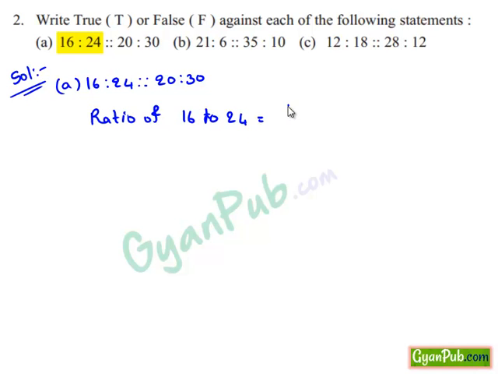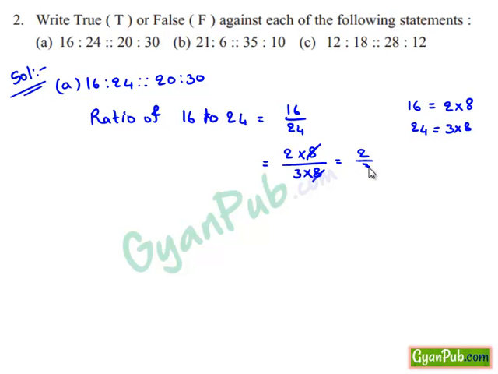This can be written as 16 upon 24. Here 16 can be written as 2 times 8 and 24 can be written as 3 times 8. So by rewriting the fraction, we get 2 times 8 upon 3 times 8. Here 8 in the numerator and 8 in the denominator gets cancelled, which gives the ratio of 16 to 24 as 2 upon 3.